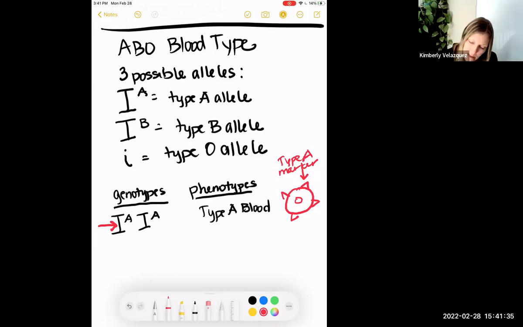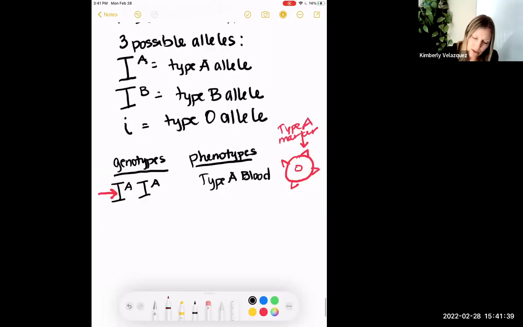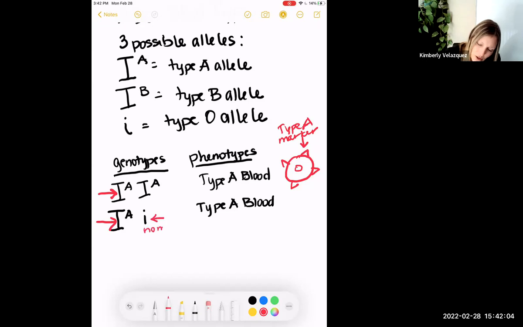The other way that you can be type A is to get 1 type A allele and 1 type O allele, because type A is completely dominant over type O. So this individual would be heterozygous for type A blood. And in this case, this is saying make type A markers, and this is saying make no markers.